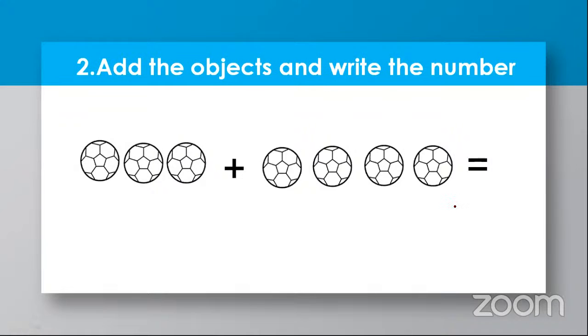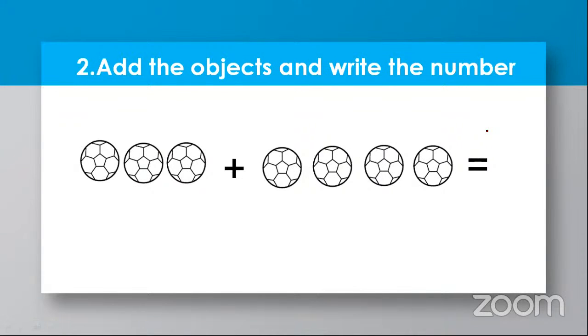Add the objects and write the number. The number, very good. Good job there. Add the objects and write the number.